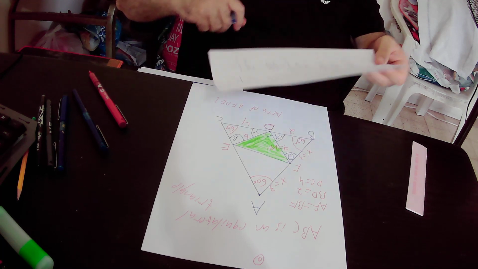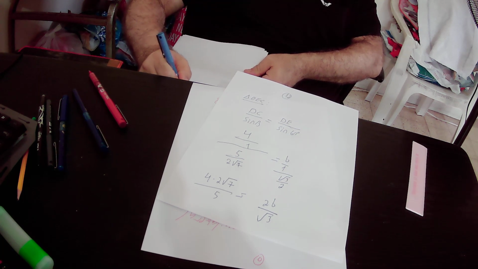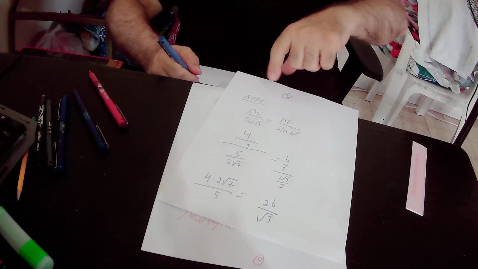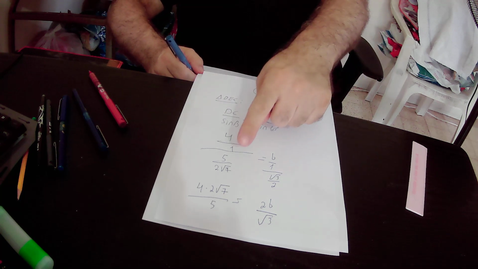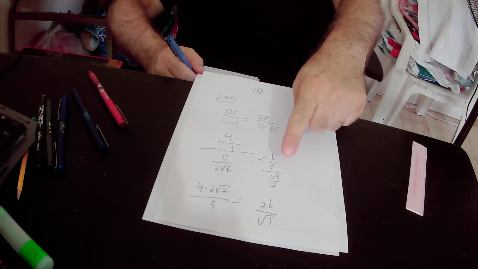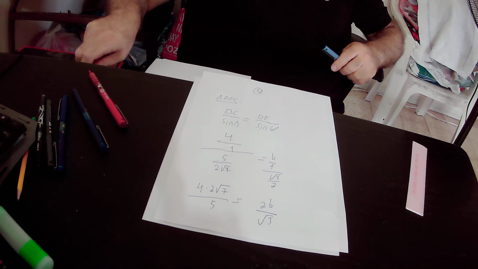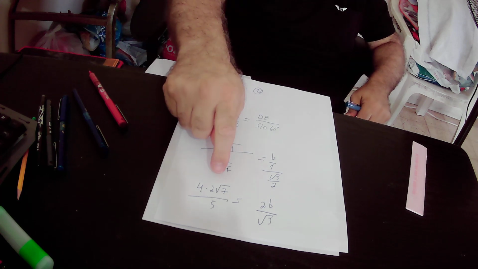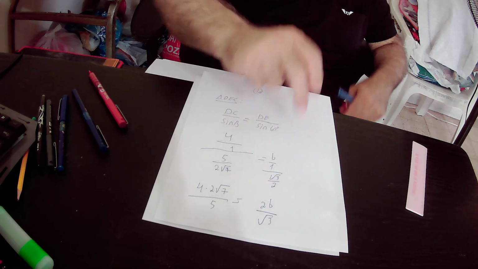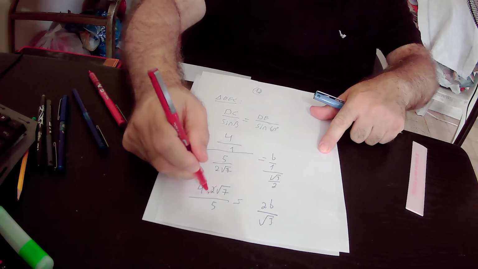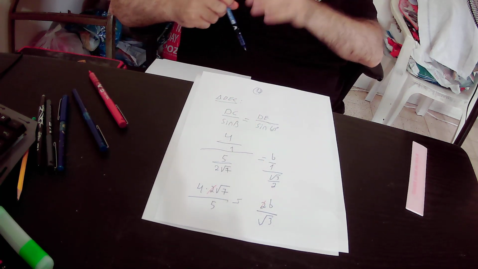So we got that 4 times 2 times root 7 over 5 equals 2B times root 3. Here we have 2 in the numerator on this side of the equation and 2 on the other side, so we can cancel 2. And what is left after we cancel 2?